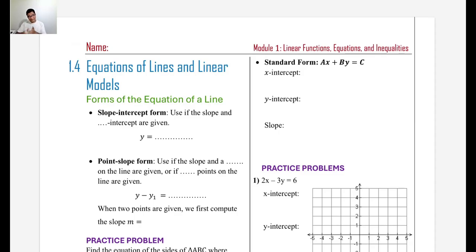We have different forms of the equation of a line, and that means basically different things to study about that straight line, different interpretations of it, and it gives us different types of information depending on what you are looking at or how you are looking at it.